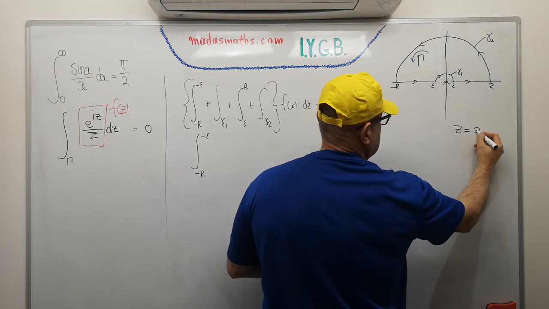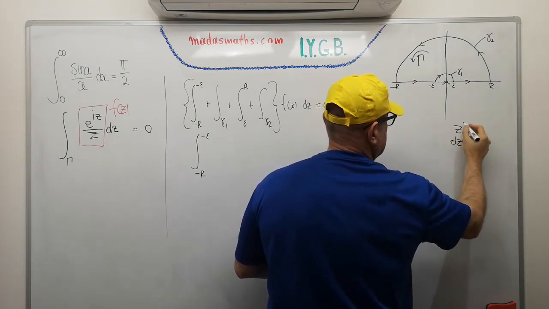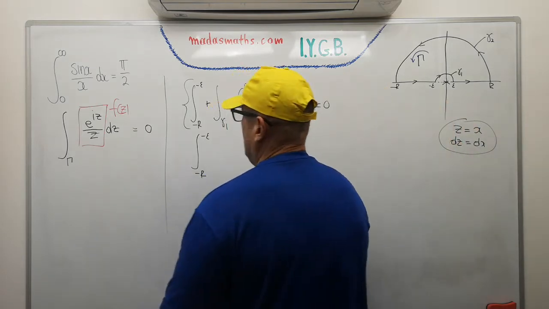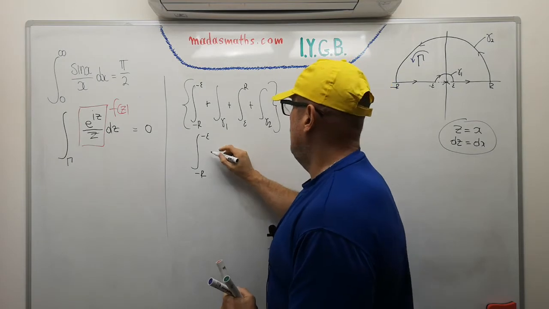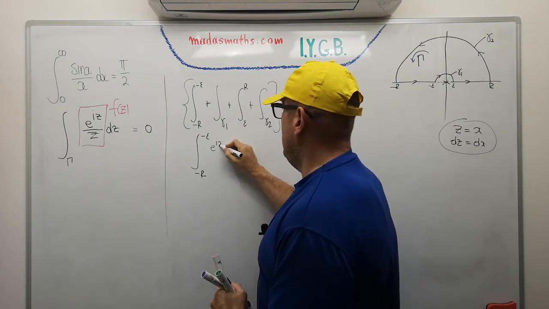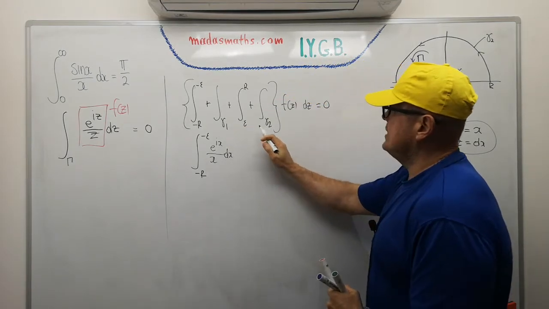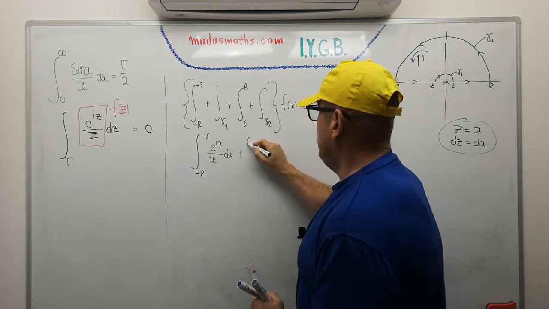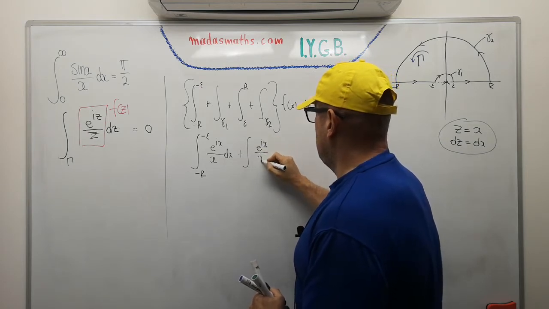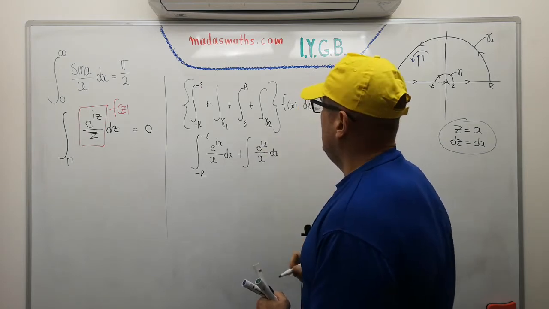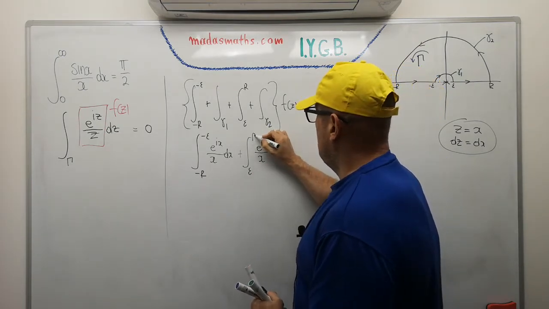Along the x-axis, z is equal to x, and dz is, of course, the same as dx. So along the straight line segments I can write my e to the iz over z as e to the ix over x dx, and similarly I'm going to write this integral next, which is very similar, e to the ix over x dx, but with different limits, and the limits of course are now from epsilon to r.